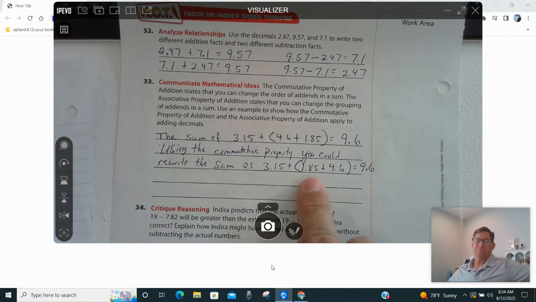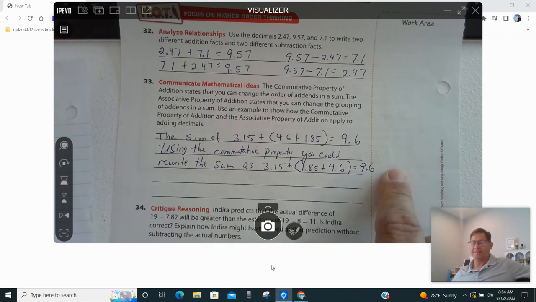Okay. So it doesn't matter whether we start with 4 and 6 tenths or we start with 1 and 85 hundredths. We're still going to get 9 and 6 tenths.